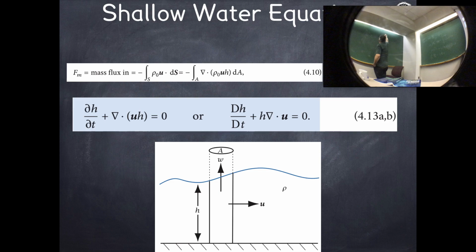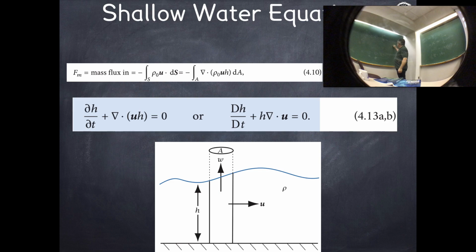What's w of eta? It's not 0. If this surface is going up and down, that's the w. The velocity is tracking the thickness going up and down. So w of eta is just d eta dt.